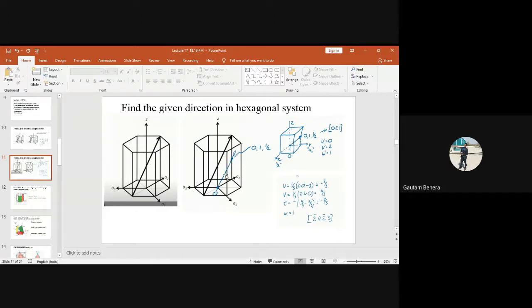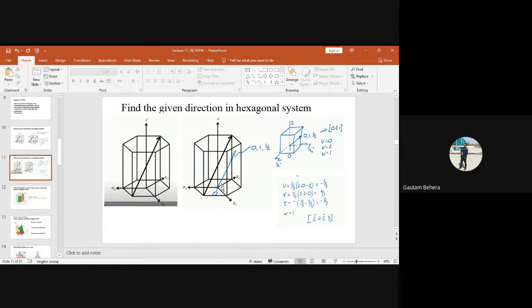So again, you have to find out the three coordinate system first, right? So in three coordinate system, you are getting this one, 0 1 1 half, right? That means you are not traveling in the A1 direction because you have to reach this point. So directly you are traveling in the A2 direction.